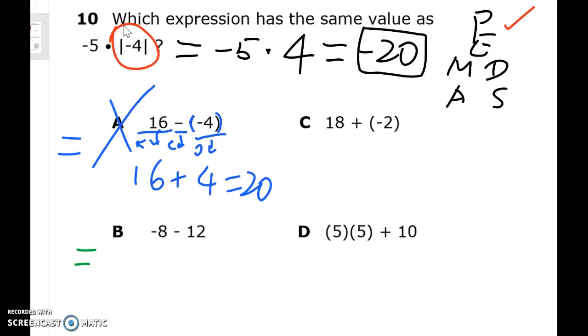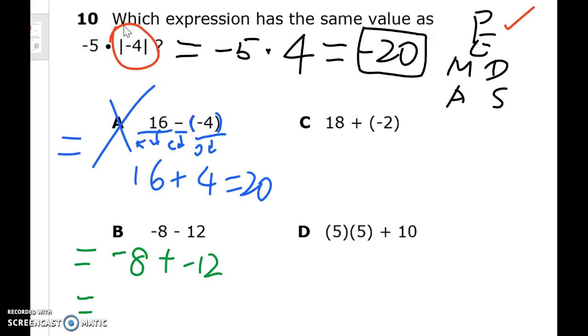B is -8 minus 12. Keep, change, opposite. Keep, change, and then the opposite of +12 is -12. So now we look at -8 plus -12.